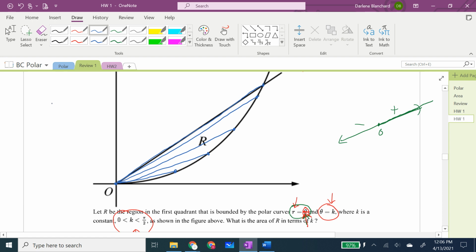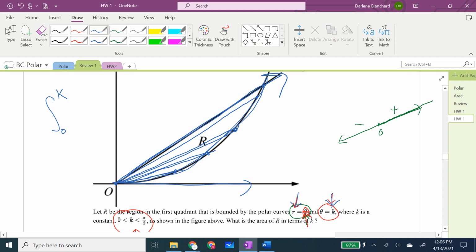So I am going to be turning from 0 to this angle, which happens to be theta equals k. And while I do that, I am only following this curve, which is r equals theta.